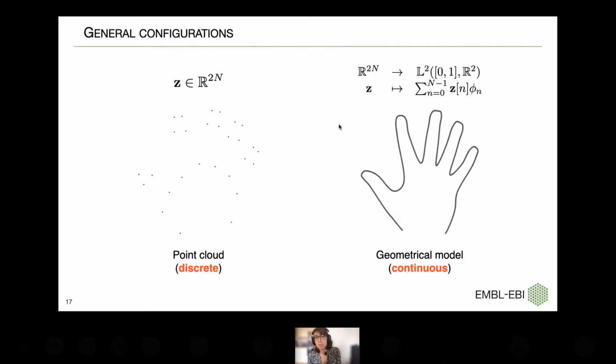So to get started, the first thing we need to do is to characterize what type of data Kendall shape space normally expects. And I was telling you before, these are discrete point clouds. And this is this type of discrete point cloud. If the object we're looking at is a hand, that is what we call landmark sets.